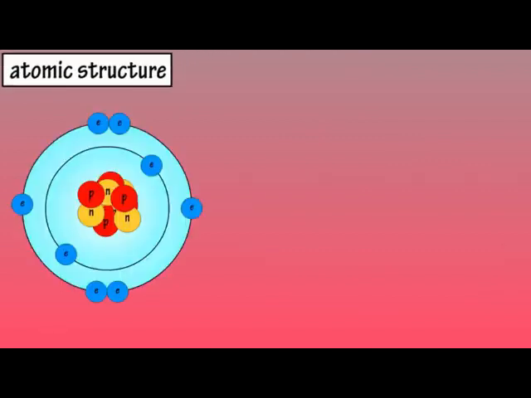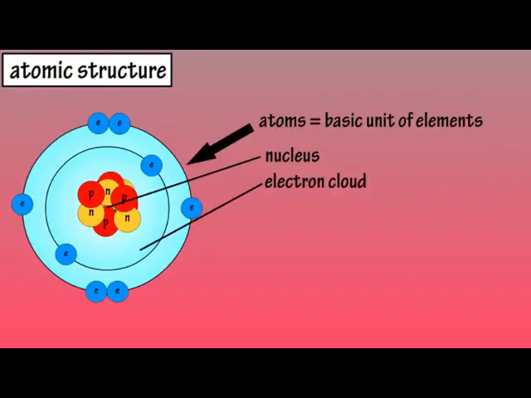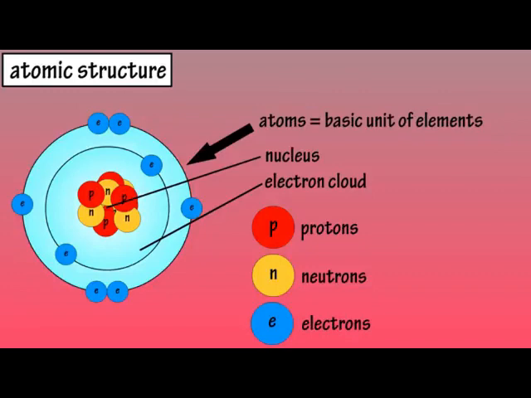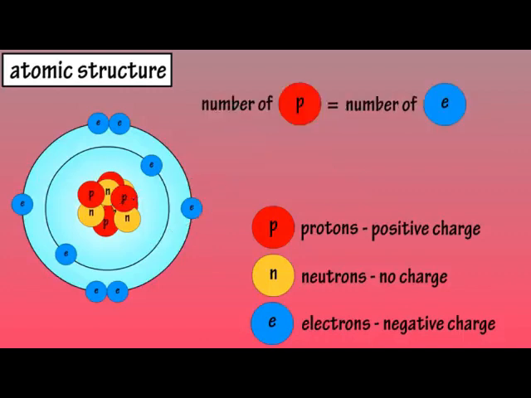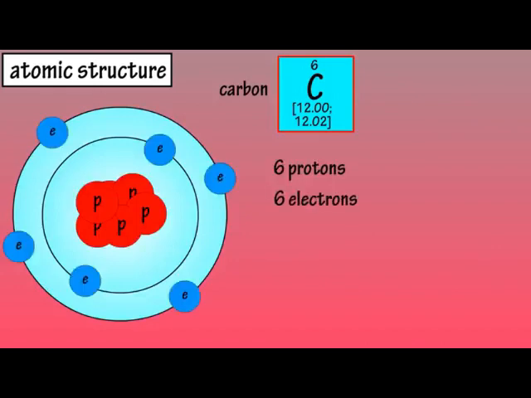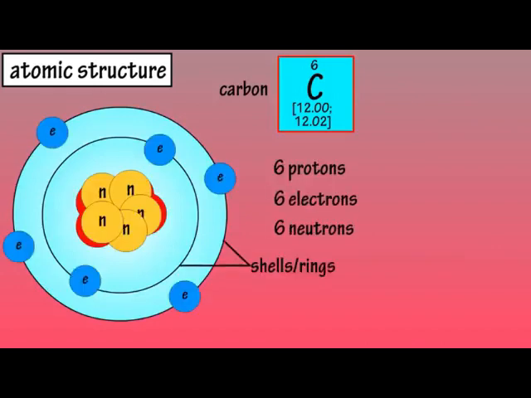The smallest unit of matter is an atom, which is the basic unit of the chemical element. Atoms are composed of 3 subatomic particles. As you remember from your lower grade chemistry course, it contains positively charged protons and neutrons, which are neutral, in the nucleus, and negatively charged electrons orbiting the nucleus.